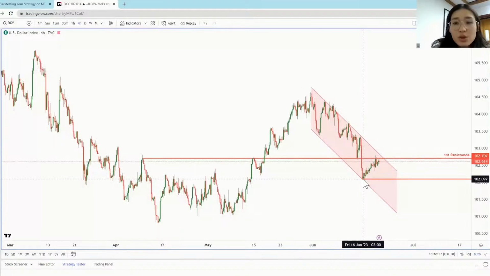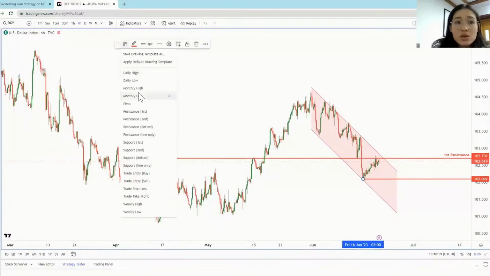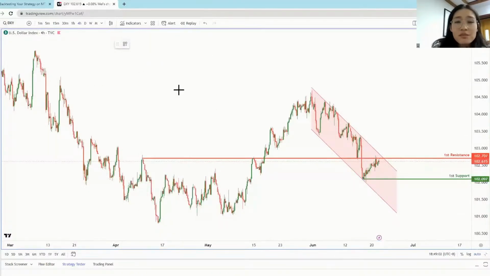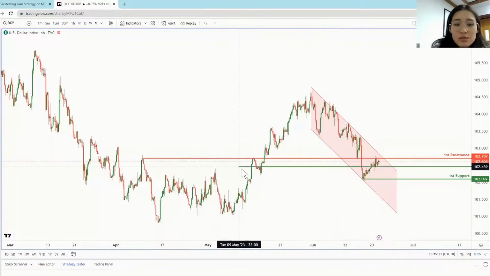Conversely, for your support, it will be the closest swing low to where price is at. And then for the second resistance and support, that really depends on either the graphical analysis or on your Fibonacci levels.